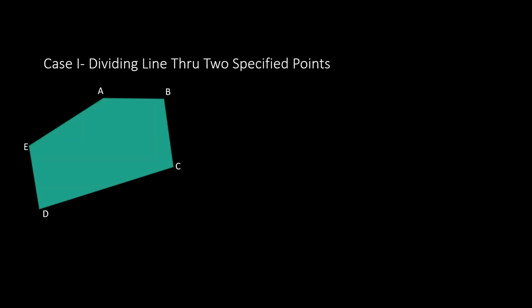We take on the first case, which is the simplest as far as land subdivision is concerned. And this is when the dividing line passes through two specified points. So, say for example, we are given this parcel of land and we are to divide this into two by a line that passes through A and ending at the midpoint of line CD.